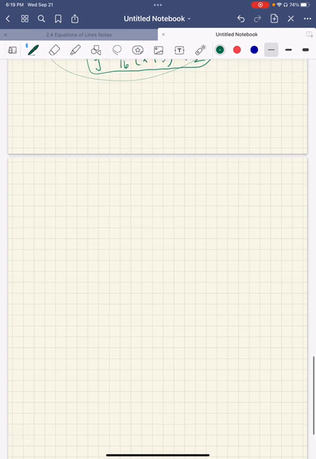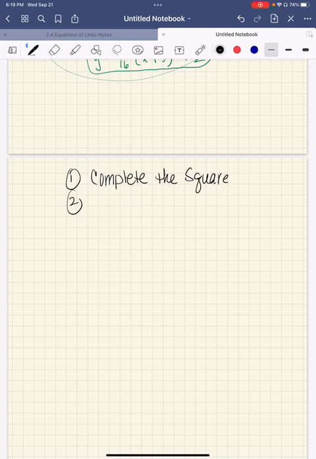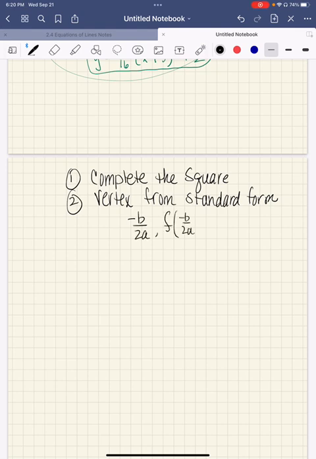And for the quiz next week, knowing how to complete the square. Knowing how to find the vertex from standard form, which is the opposite of b over 2a, and then f of the opposite of b over 2a.